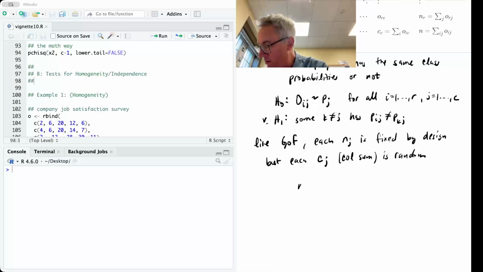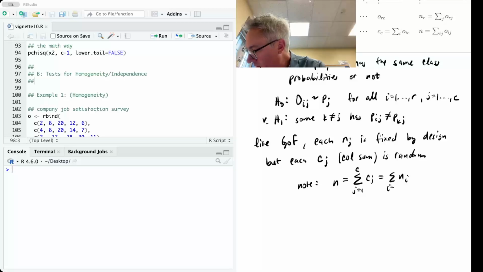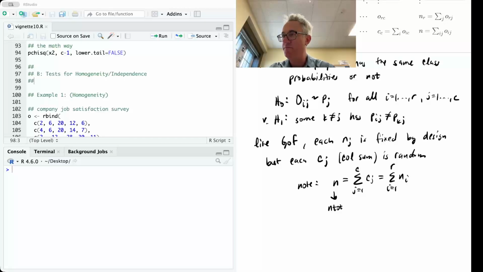And also note that the grand total, which you can get by summing the columns or summing the rows, is the same, and we call that n. Or in the code, I write n-TOT, just to be super clear about what's what.